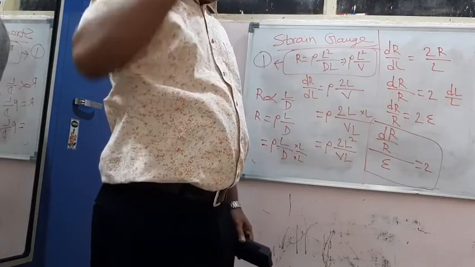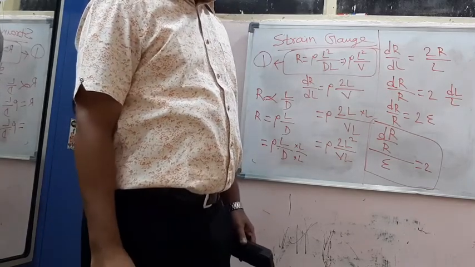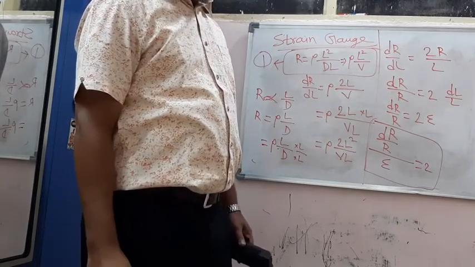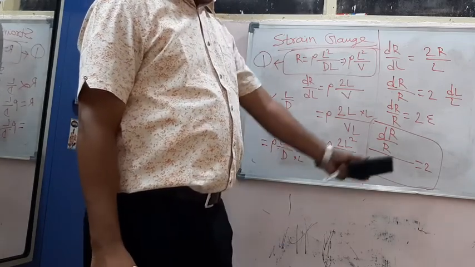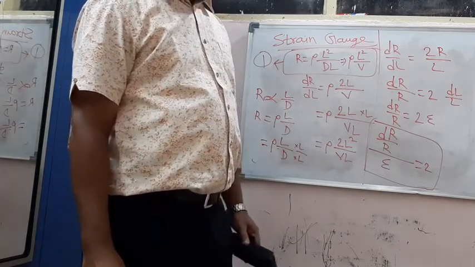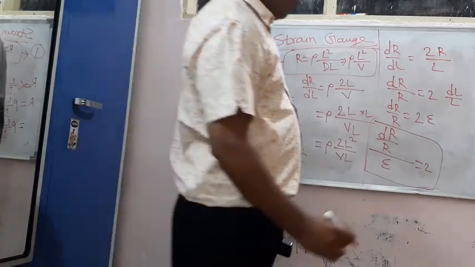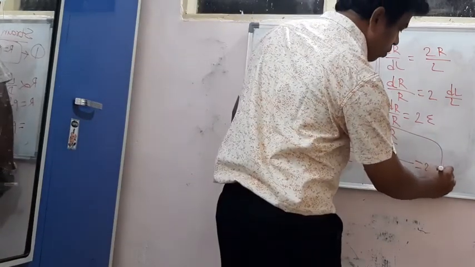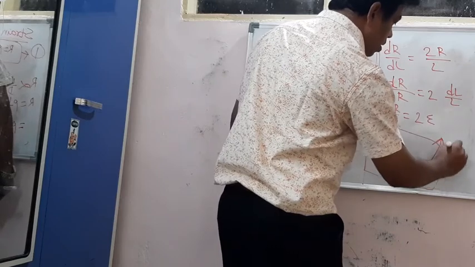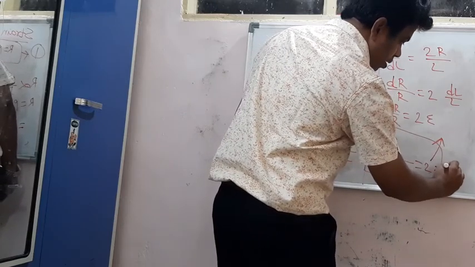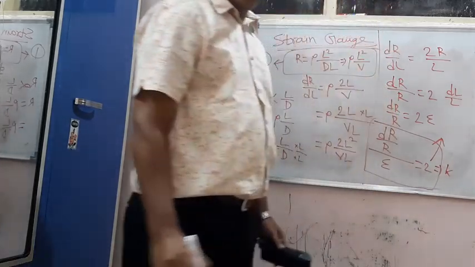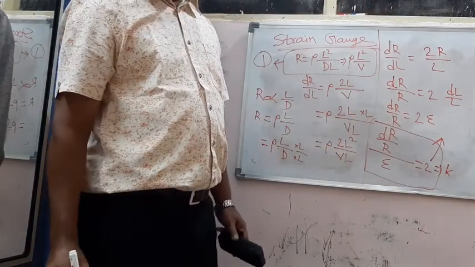So the ratio between the change in resistance and length and strain is about 2. So here 2 is called gauge factor. In short it is mentioned as K. K is a gauge factor.